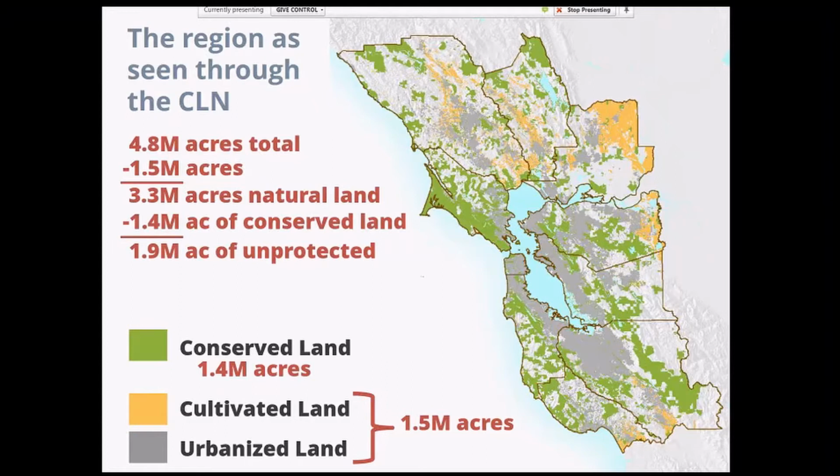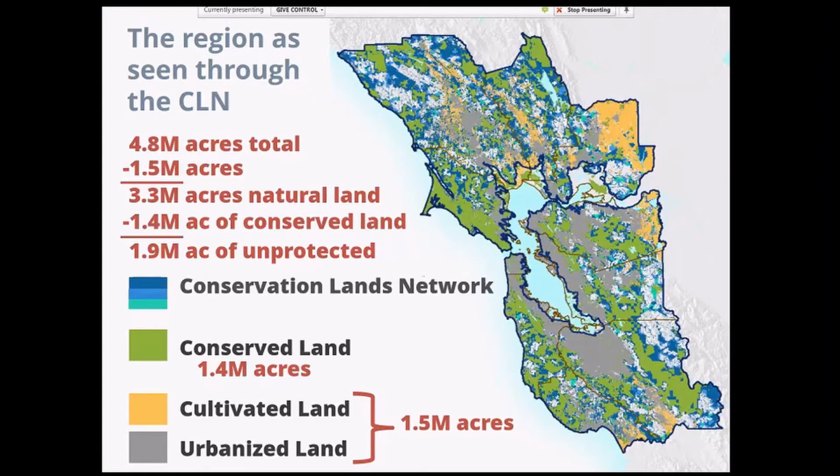The Conservation Lands Network, which is a geographic analysis, if you look at the remaining blue areas there, it's about 1.3 million acres, and what we think of these as strategic opportunities that hopefully drive conservation toward a connected network.